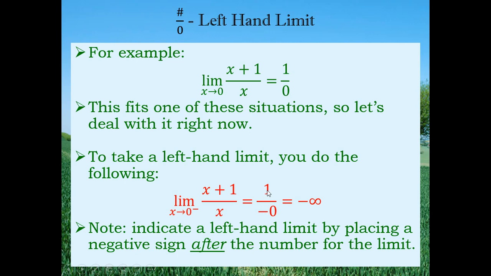So as the numerator approaches 1 and the denominator approaches 0 from the negative side, this is going to approach negative infinity. If we were to graph that, it would go all the way down on the range. Remember that for a left-hand limit, we place the little negative sign after the number for the limit. So this is x as it approaches 0 from the left-hand side.